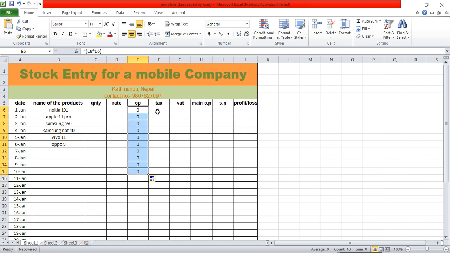Then after that, tax and VAT. Let me make it clear first, in case you have any question or confusion regarding tax and VAT. In simple language, this is the excise duty that the government compulsorily charges on any manufactured product, imported product, or any goods and items produced inside the country, or hired or exported from outside the country.